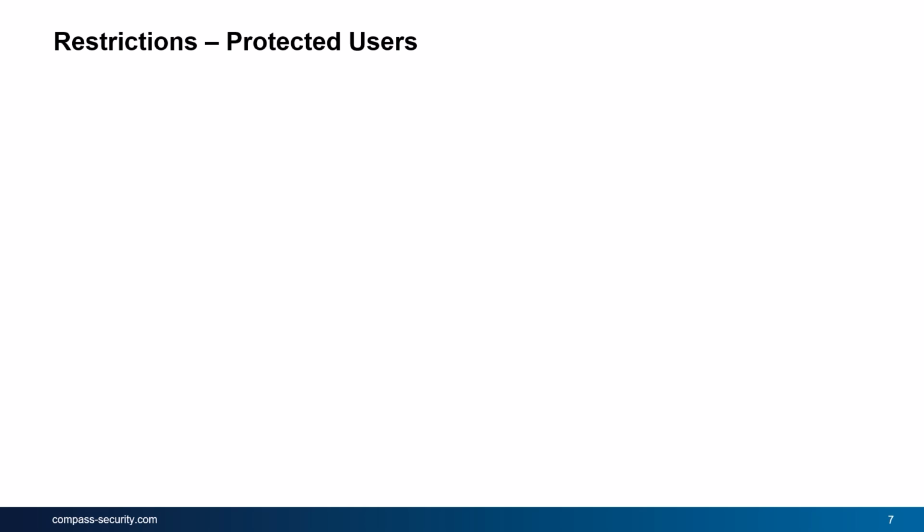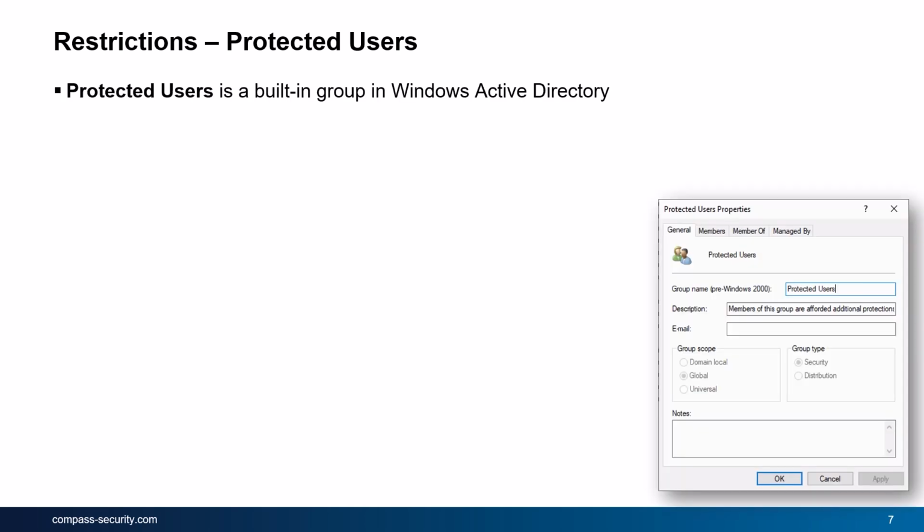Another restriction that also applies to Kerberos delegation is the so-called Protected Users group. This is a built-in group in any Windows Active Directory environment, and it is designed to apply certain restrictions regarding credential exposure to all its members.